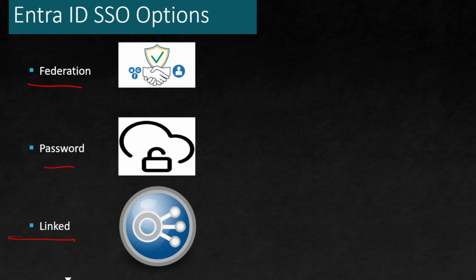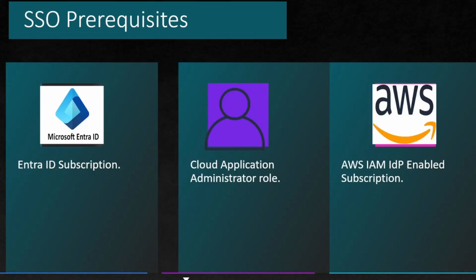Having talked about the single sign-on options, let us go ahead and look at the prerequisites for single sign-on within Microsoft Entra ID. For us to implement SSO in Entra ID, especially when we want to integrate SSO between Entra ID and another third-party cloud provider like Amazon Web Services, there are a number of prerequisites that we need to meet.